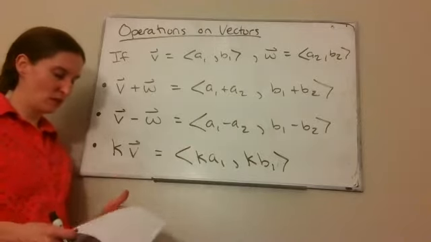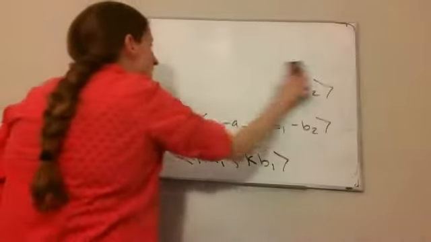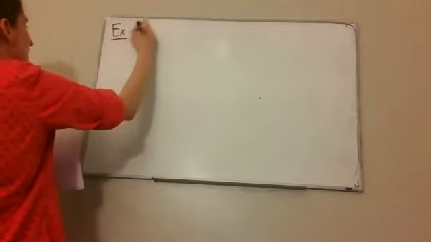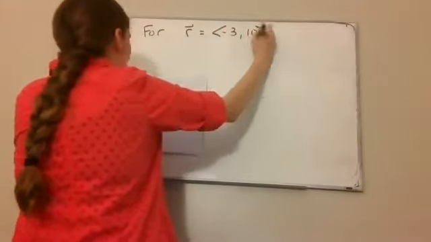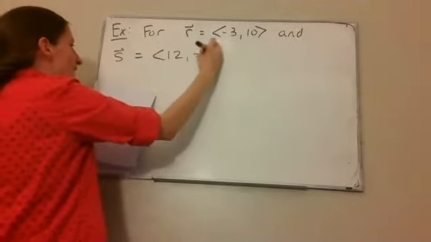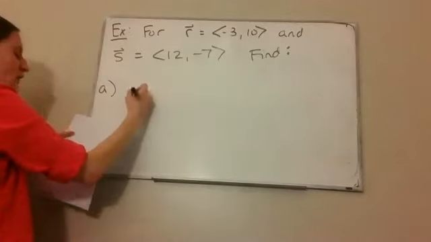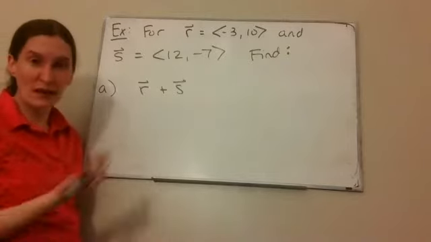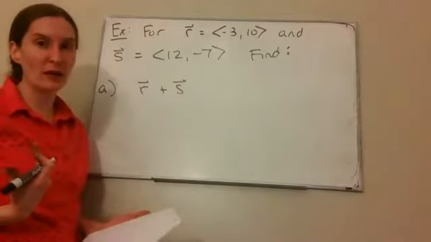So let's do an example using a couple different vectors. For vector R, which equals negative 3, 10, and vector S, which is 12, negative 7, we're going to start with R plus S. Well, we know now that when we have component forms for our vectors, we can figure out what the sum of the vectors is by adding the corresponding components.